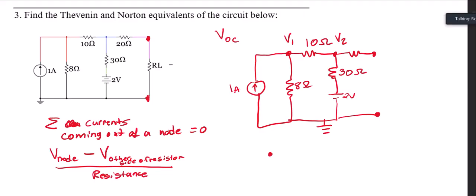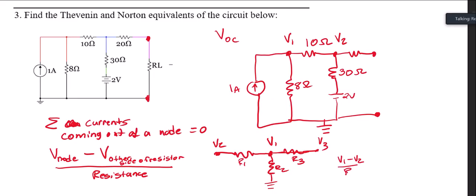So for instance, if this is my node and I have a resistor going this way, so I'm doing nodal analysis on this node right here, so that's V1, and maybe that's V2, and that's V3, and this is ground, and this is R1, R2, R3, then my currents coming out of V1 would be V1 minus V2 over R1 plus V1 minus ground, which is 0, over R2 plus V1 minus V3 over R3. And that would equal 0. So that's one way that you can have the currents coming out of a node.